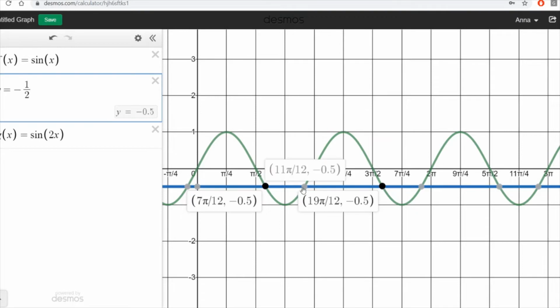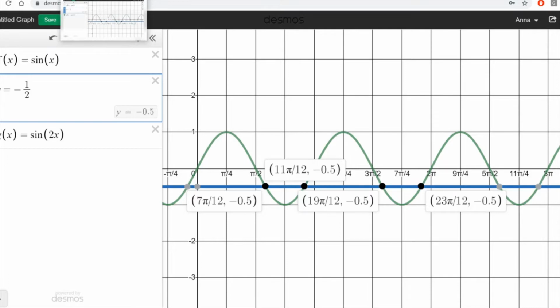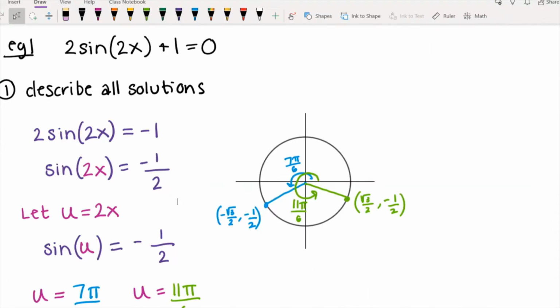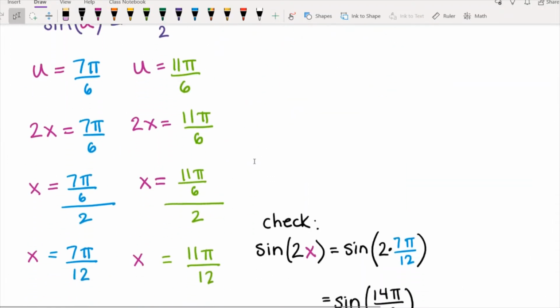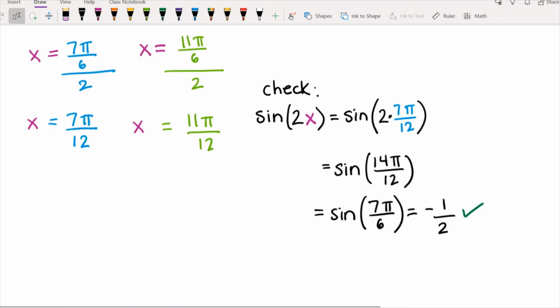And similarly, if we take our second solution, 11 pi over 12, and we add just pi to that, that will give us another solution. So instead of adding any multiple of 2 pi, we can now add any multiple of pi because that's the period of this function.